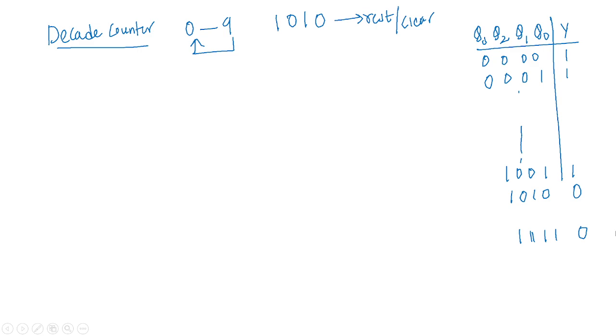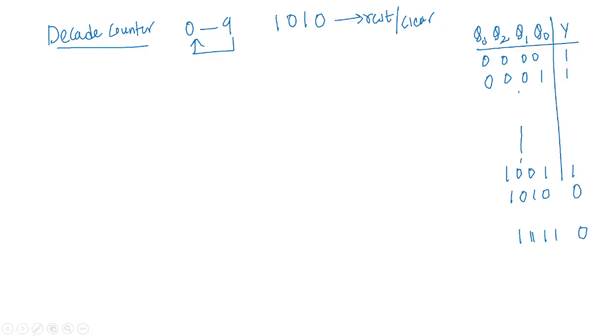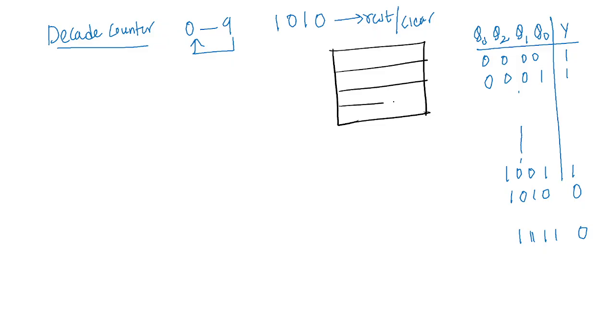Yeah, you see here. So you need to draw the K map. So what are the inputs? Q3, Q2, Q1, Q0, 0 0 0 1 1 0 1 1.